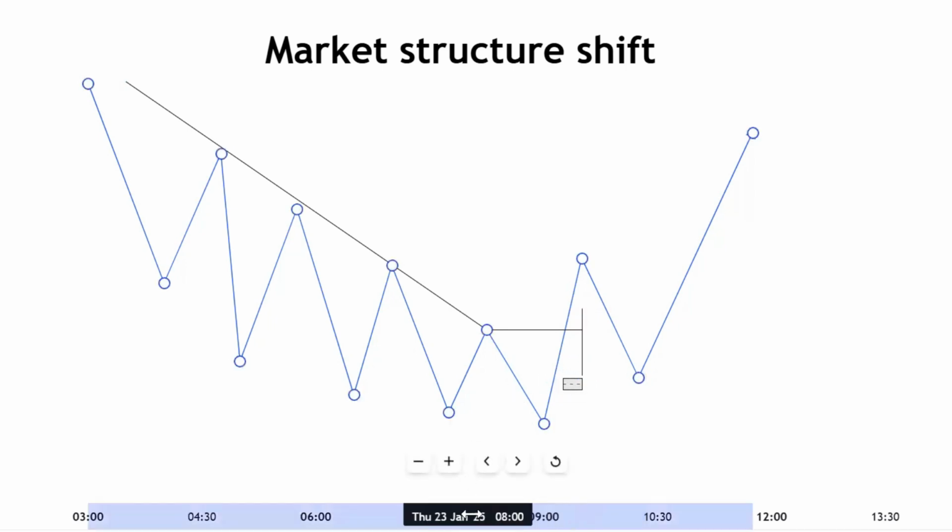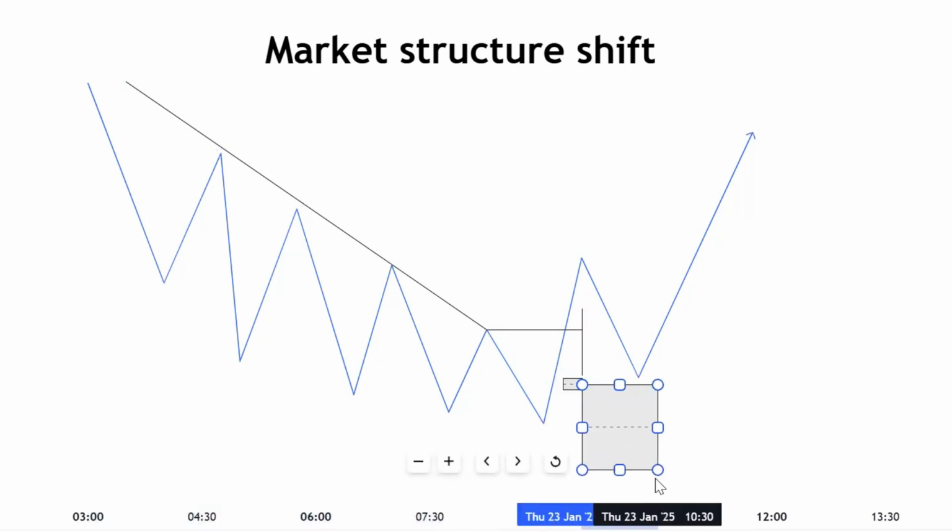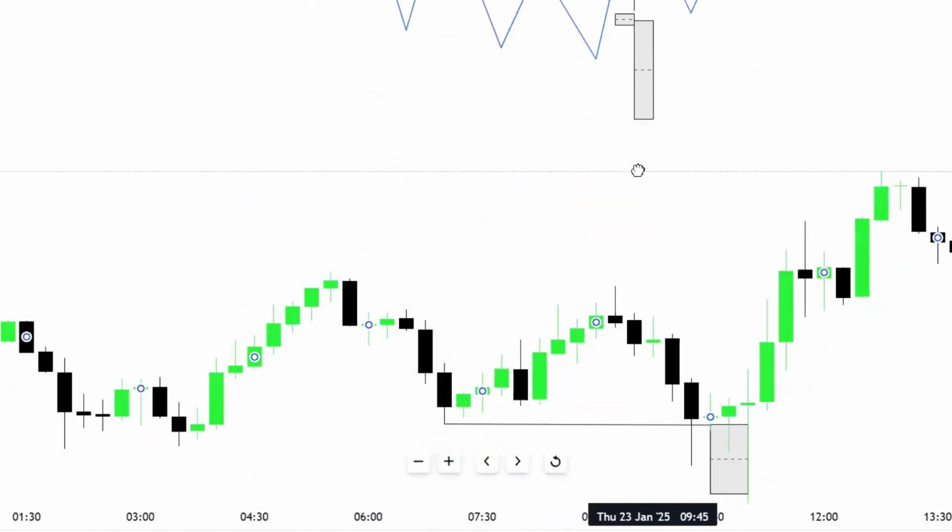In this case, you'll most likely see price continue in a downtrend. This is one of the things you need to pay attention to as a forex trader to identify correctly shift of market structure and liquidity grab above an old high or below an old low. Let me show you an example of this.